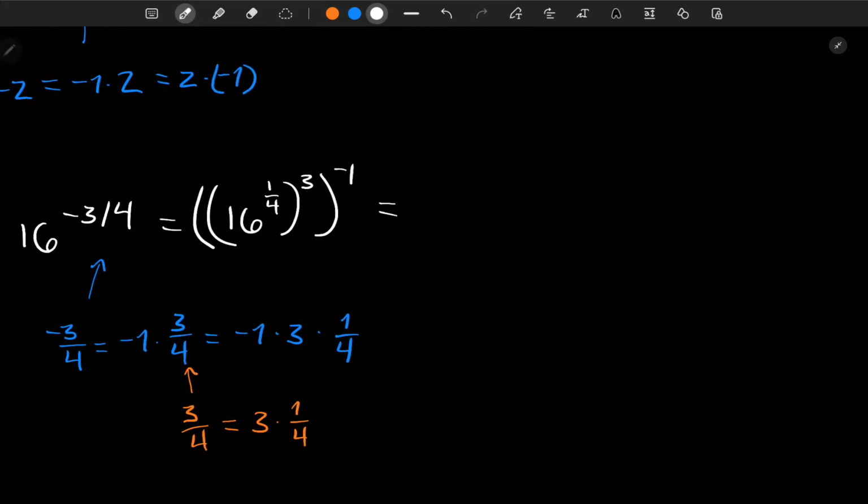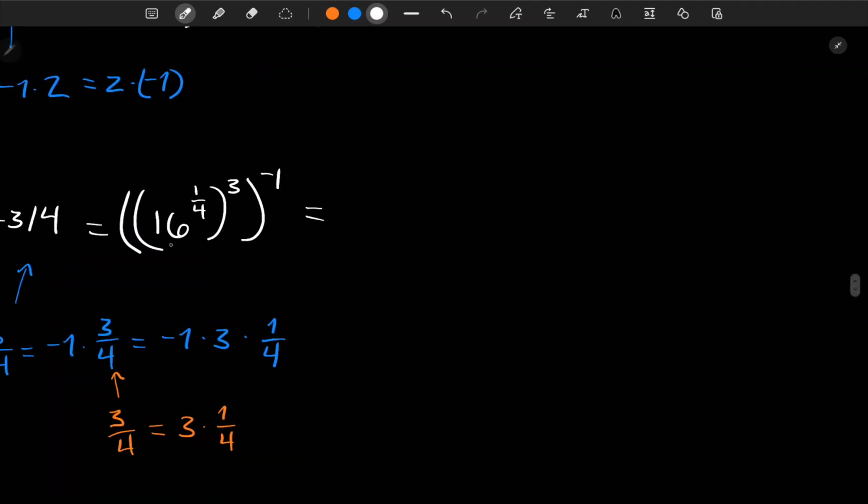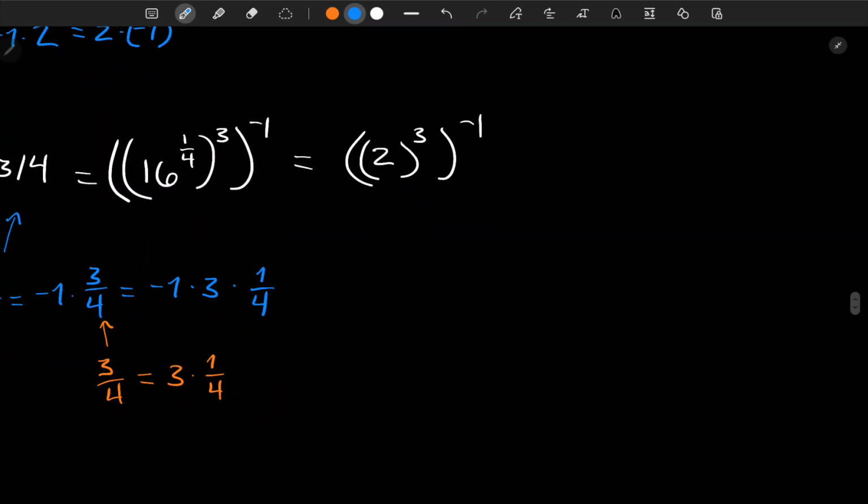So, we first evaluate what is 16 to the 1/4 power. Well, that would be 2. So we have 2 to the 3 to the negative 1. And the reason that it's 2 is because what I claimed was 16 to the 1/4 power is equal to 2.